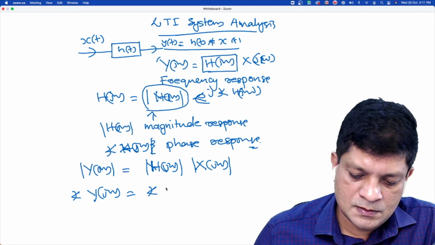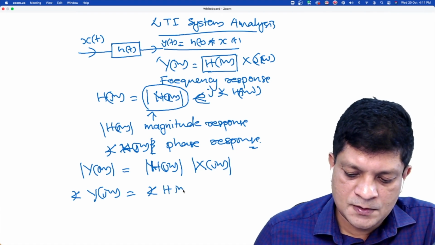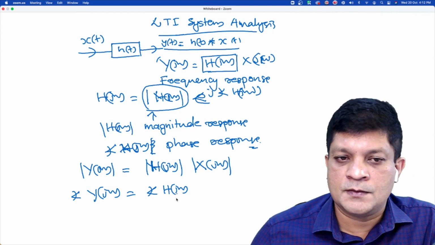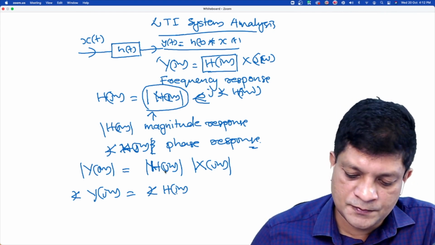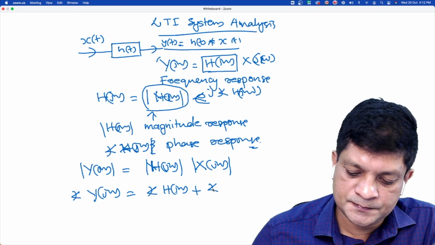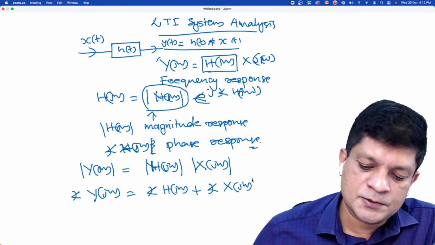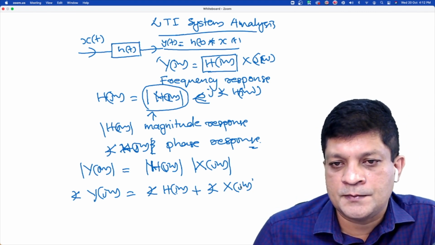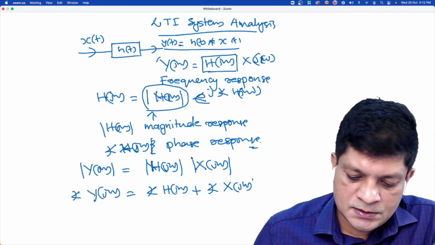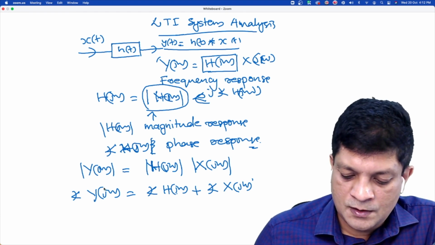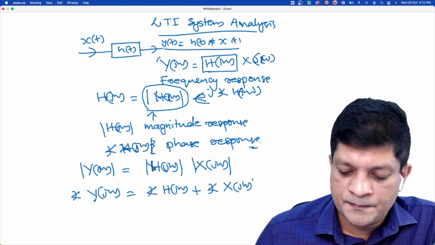This we can write as the phase of H of j omega, that is the phase response of the LTI system, plus the phase of the input spectrum, input signal. Okay. So this is the relation between the magnitude and phase of the input and the output signals.